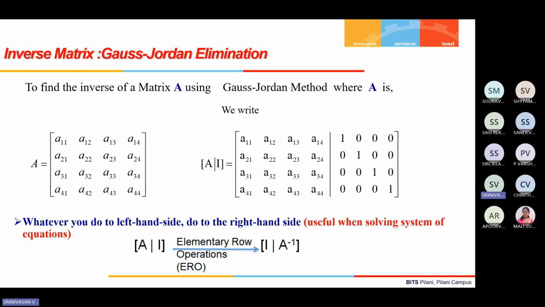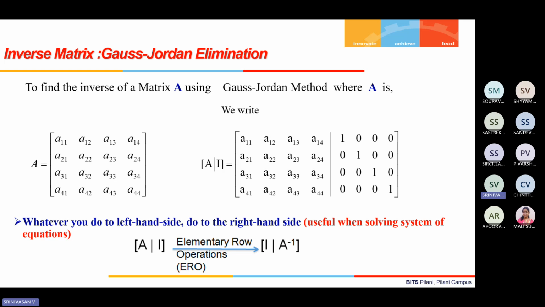But most practically you will be finding the inverse of A of order 3 by 3. Anyway, it is going to be an extension. So whatever you do to the left hand side, do to the right hand side, as you used to do for any augmented matrix that you have already seen. Any elementary row operation carried out on the left hand side is carried out on the right hand side also.